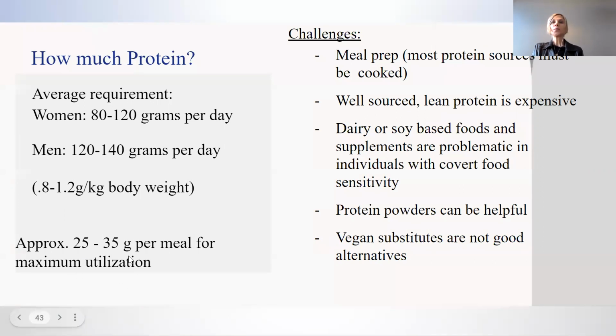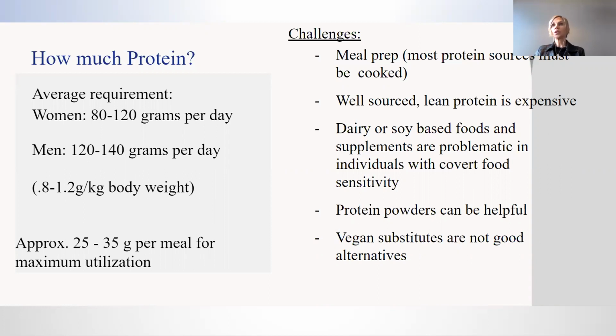And it's also important to know that approximately 25 to 35 grams per meal is ideal, because your body can only take up and utilize so much protein at once. So if there's some people that choose to have like an 8-ounce steak, that is, say, 60 to 70 grams of protein, they're only going to take up about 35 grams of that and utilize that protein for all the essential things that I had just talked about.